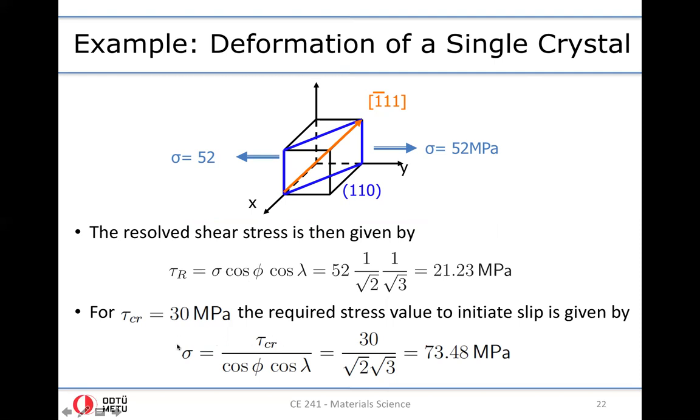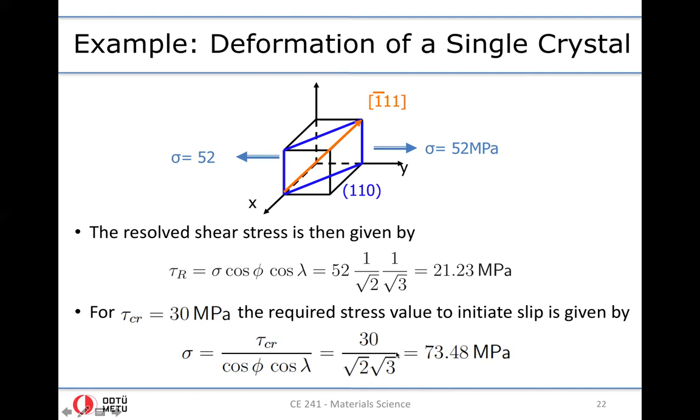So if you want to calculate the external applied stress that is needed to initiate plastic flow, what you need to do is place, on the left-hand side of this equation, the critical resolved shear stress, and divide this by the product of the direction cosines, in other words, the Schmid factor.